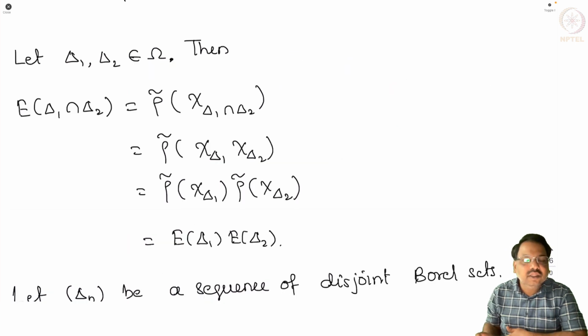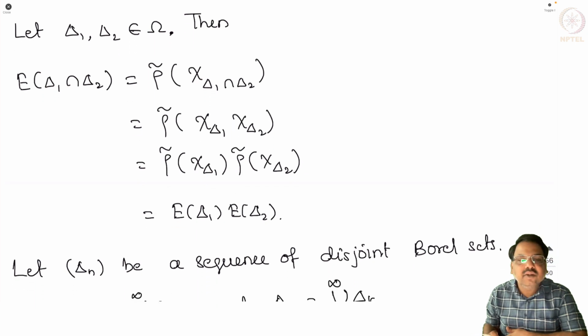So next let us take delta 1, delta 2 measurable subsets. Then E of delta 1 intersection delta 2 is by definition rho tilde of chi of delta 1 intersection delta 2, and we know that chi of delta 1 intersection delta 2 is nothing but chi delta 1 times chi delta 2. So if you write that, you will get rho tilde of chi delta 1 times chi delta 2.